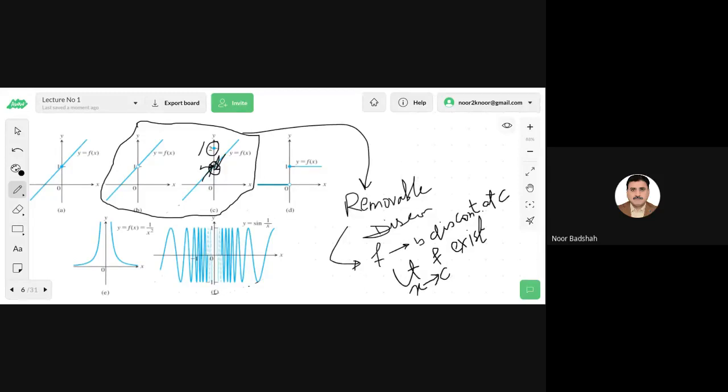In other words, we say discontinuity because of condition 1 or 3.